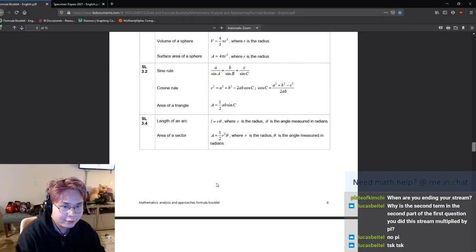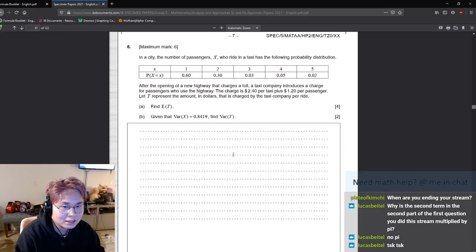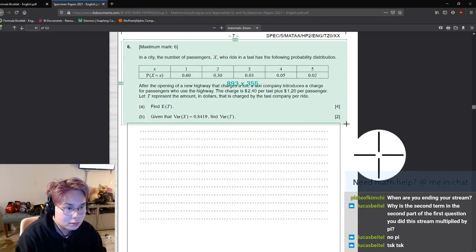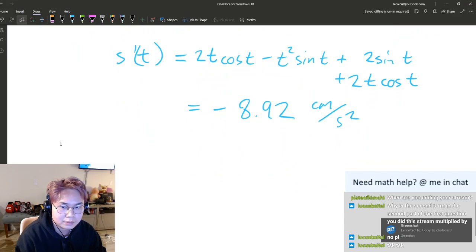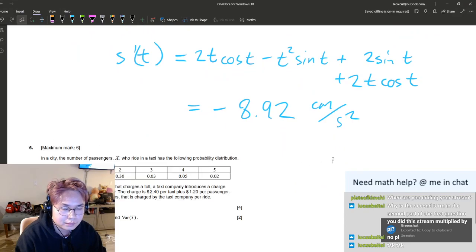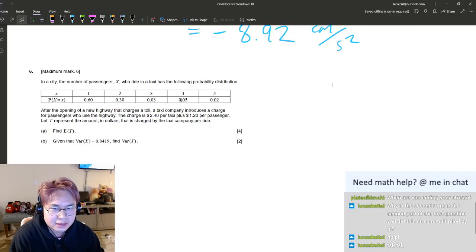Okay, we've had like 4 SL questions in a row. This one's gotta be HL. Yeah, probability distribution. Okay, so X is the number of passengers who ride a taxi.